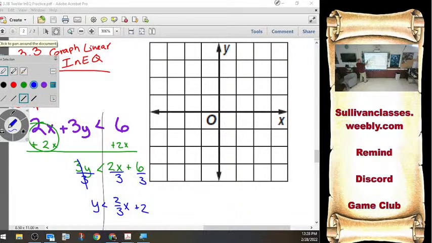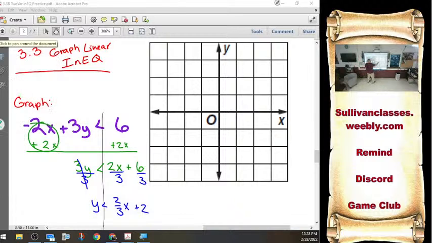Did you still start in the correct spot, though? Do we still start at 2 on the y-axis? And then you go up right there. And our slope is up 2 right 3, or down 2 left 3. Solid or dotted? Dotted. Okay.